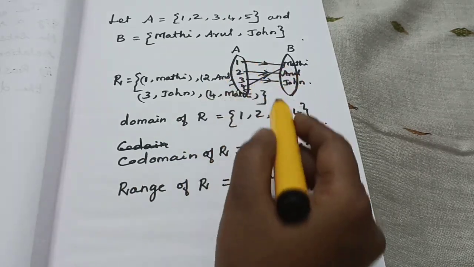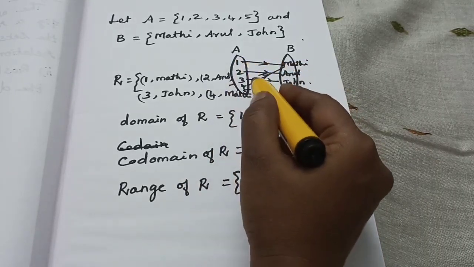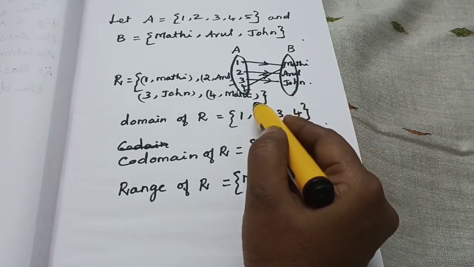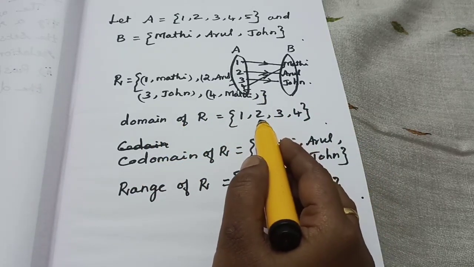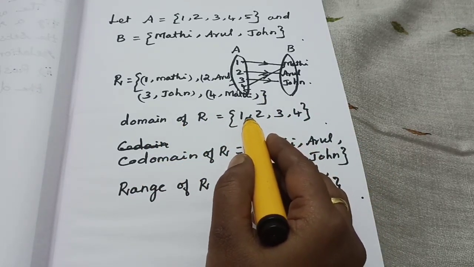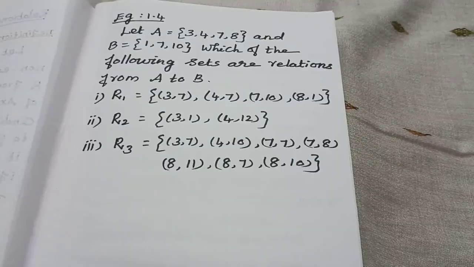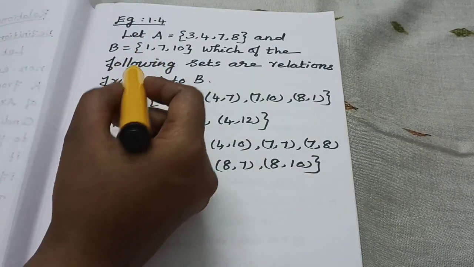A. Proper subset of A. Okay, then here suppose 1, 2, 3, 4, 5 is there, isn't it? Here the domain of R is equal to 1, 2, 3, 4.